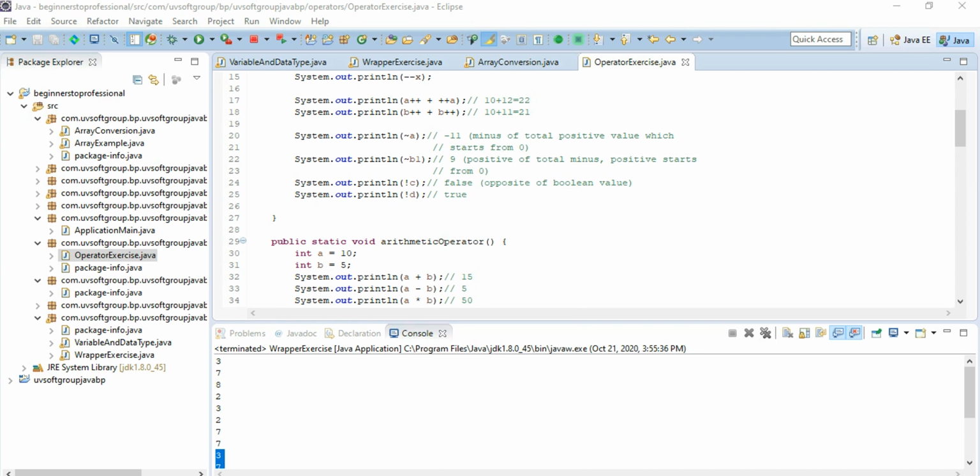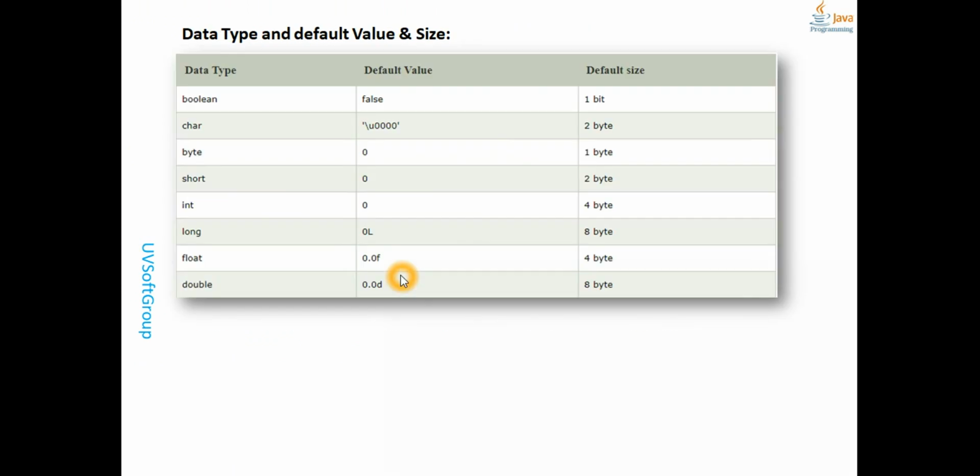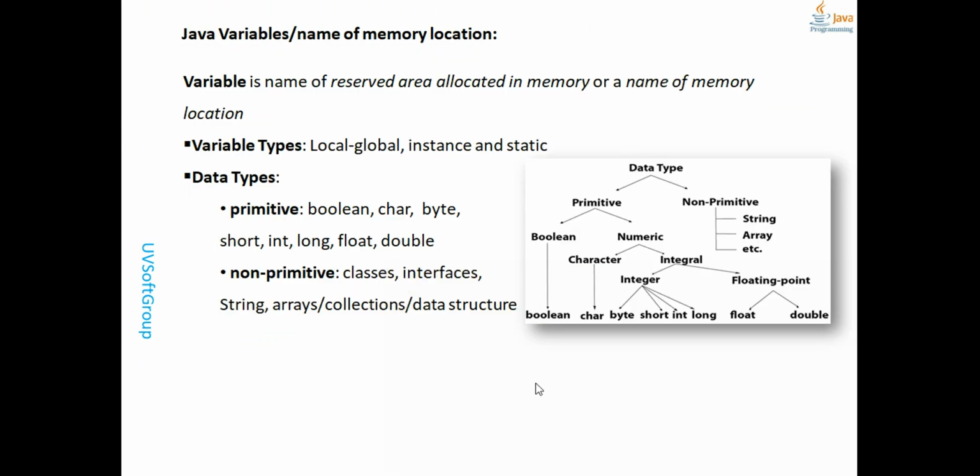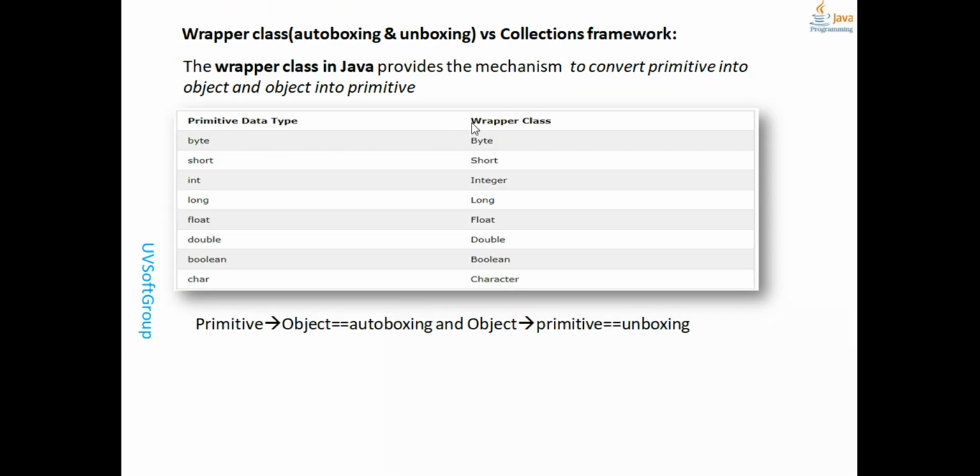From here to here it's called autoboxing, and from here to here it's called unboxing.